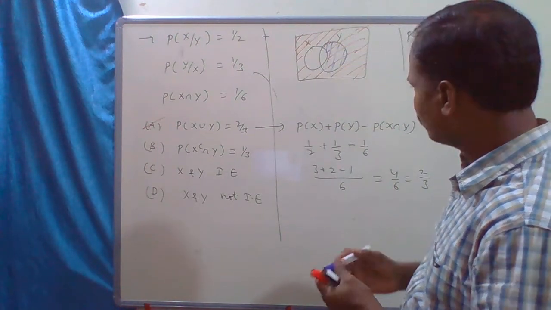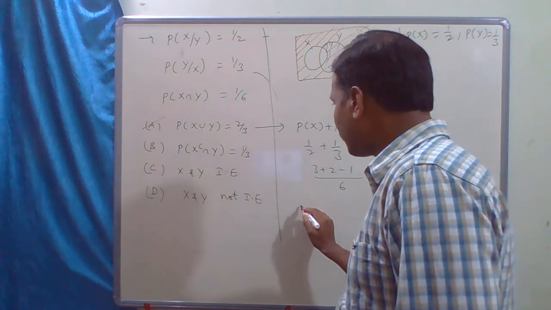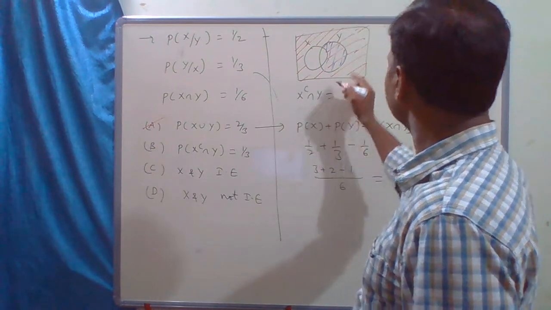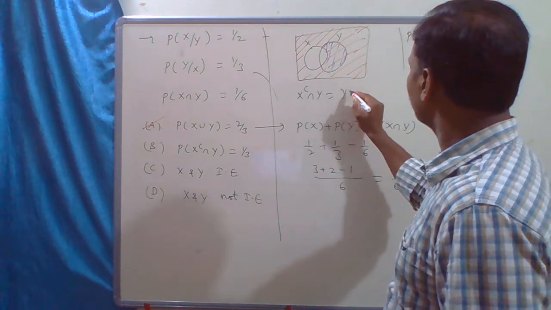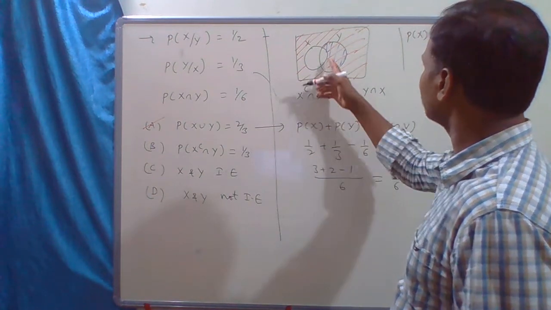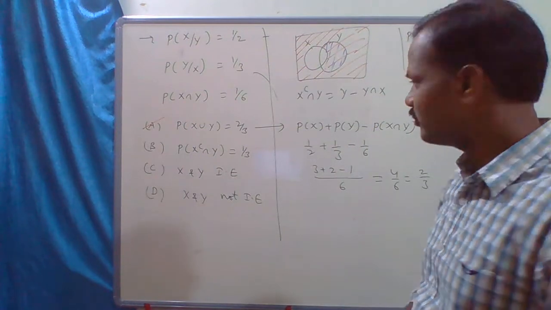Okay, now therefore x complement intersection y can be written as this part, which means y minus y intersection x. Yes or no? This part is y minus y intersection x. Clear?